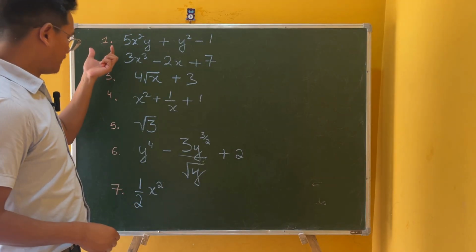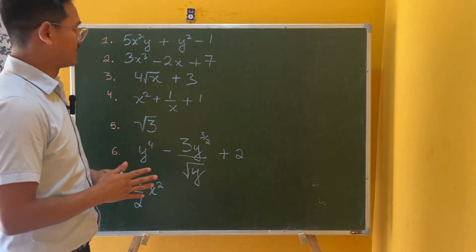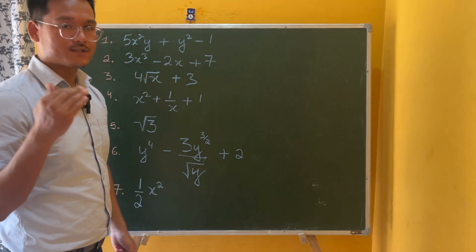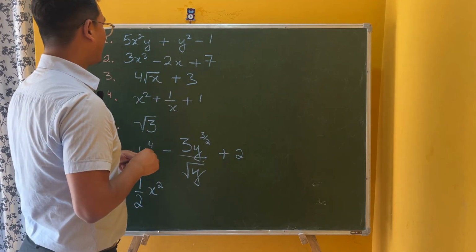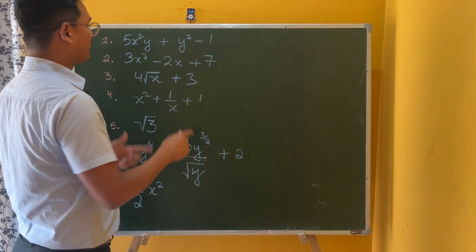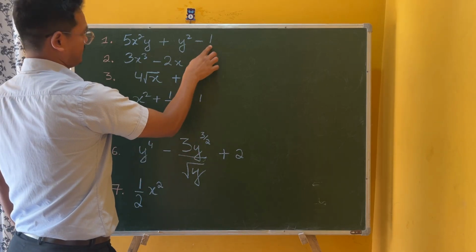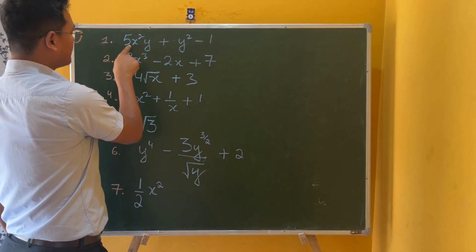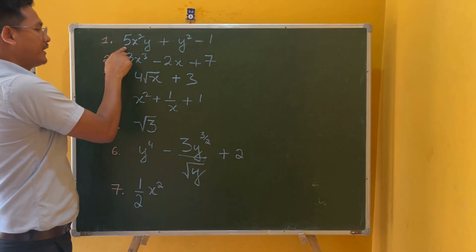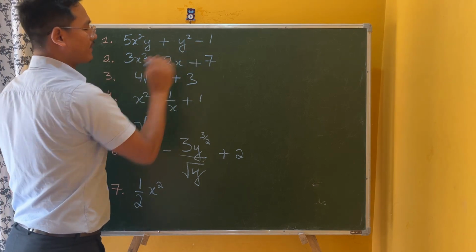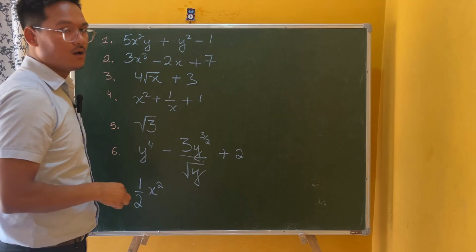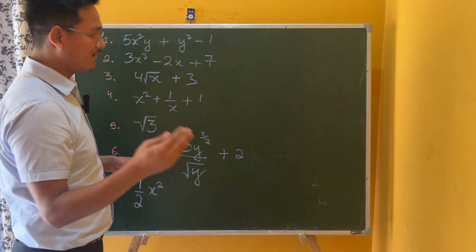So these are all algebraic expressions. To verify whether it's a polynomial or not, like I said, it is made up of constants, variables like x and y, coefficients, meaning numbers standing in front of variables, connected by plus and minus signs, and the power of the variables must be whole numbers or non-negative integers.